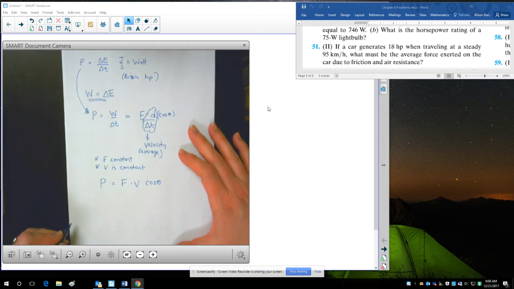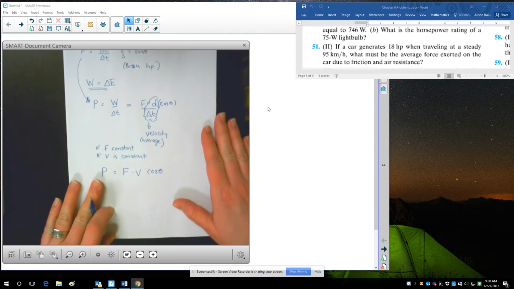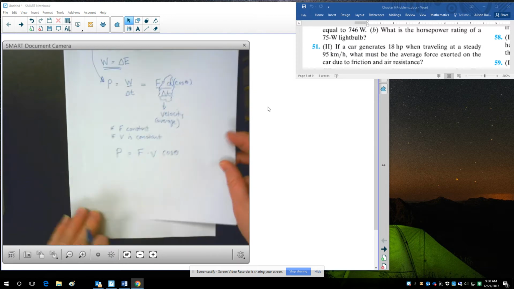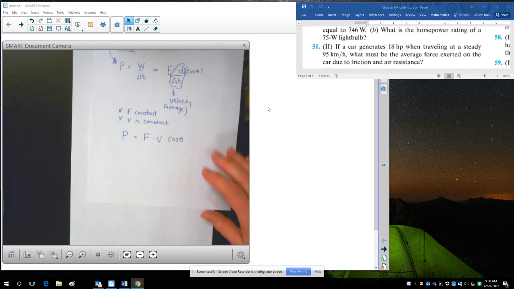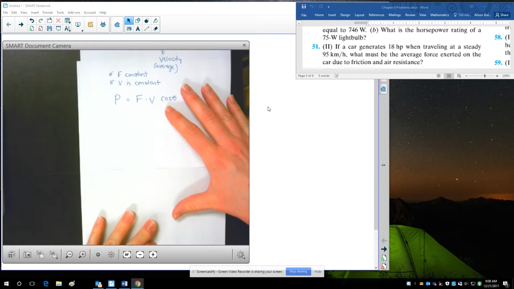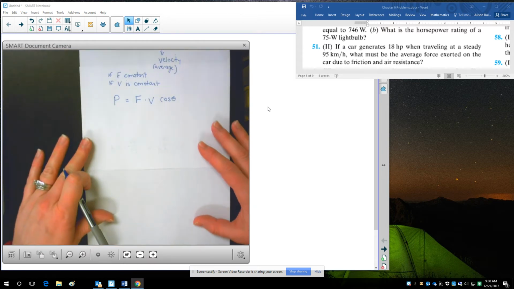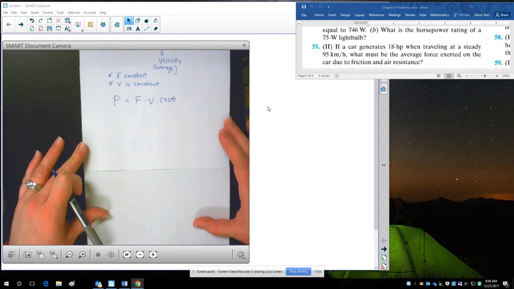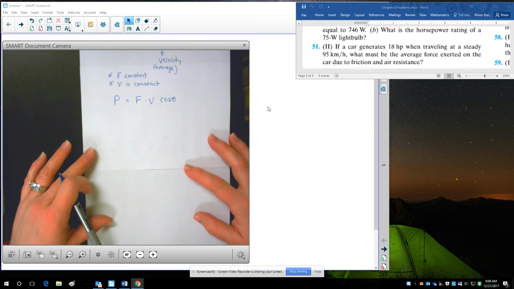All right, so this leads us to problem 51, because we want this equation for 51. Problem 51 says a car generates 18 horsepower when traveling at a steady 95 kilometers per hour.